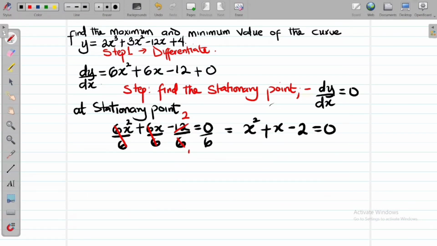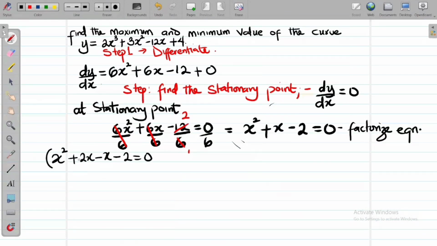So what do we do from here? From here, we can just factorize this equation, right? And how do we factorize this equation? It is going to be x² + 2x − x − 2 = 0.